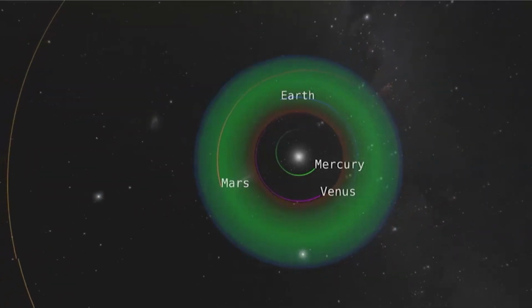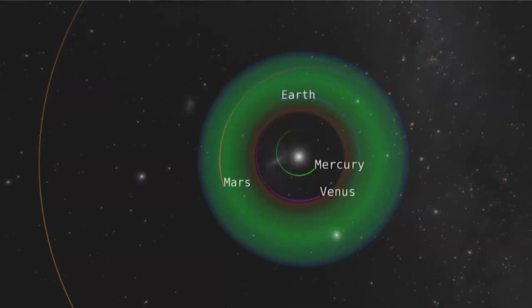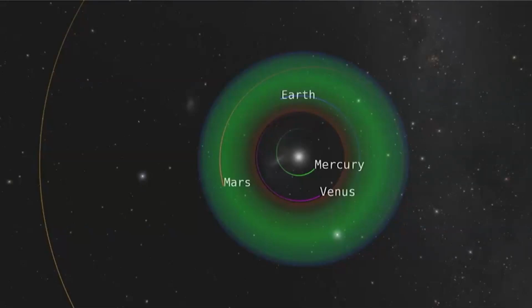And this Goldilocks zone shows you where in space around our sun it's warm enough or cool enough for liquid water to exist on the surfaces of rocky planets. So if you're too close, you're too hot, the water will boil away. If you're too far, you're too cold, and the water will freeze.